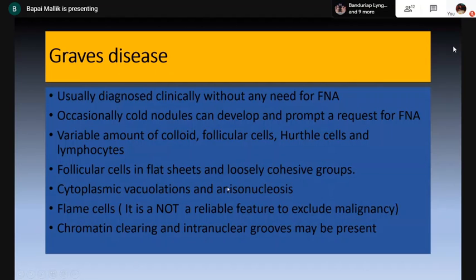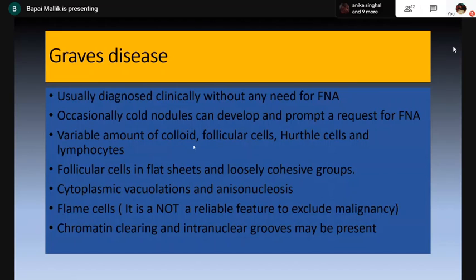I suspect that if one does not follow the algorithmic approach of not doing FNAs in cases with low TSH where there is a suspicion of Graves' disease, and you start doing FNAs in all those cases, the chances of us giving atypia of undetermined significance are going to increase.